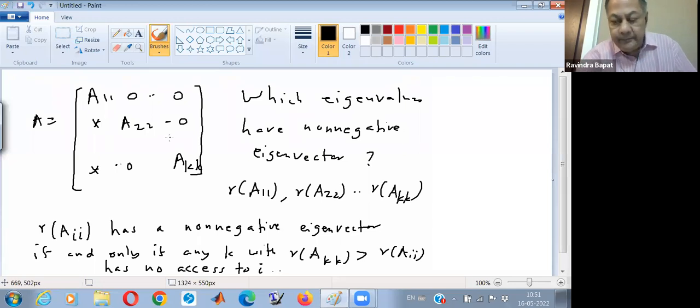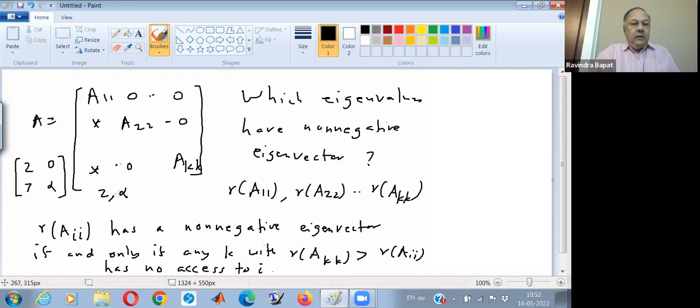So if you go to a 2 by 2 matrix, like we had, 2, 0, and what you put here is not important as long as it is non-zero. Suppose it is alpha. So the eigenvalues are 2 and alpha. Alpha definitely has a non-negative eigenvector because the vector 0, 1 will be an eigenvector.